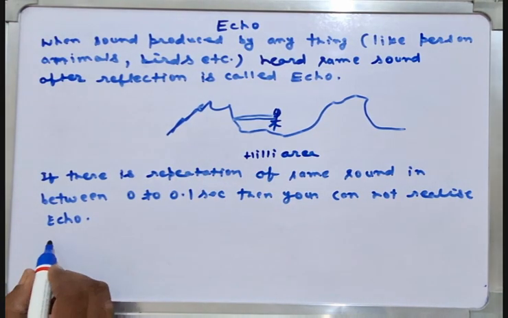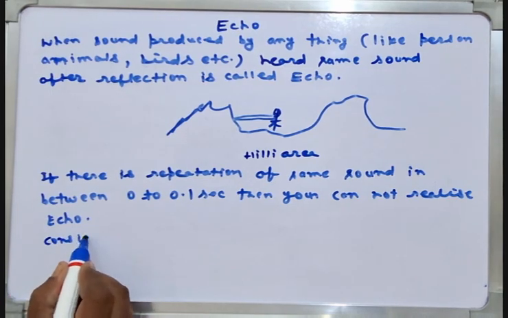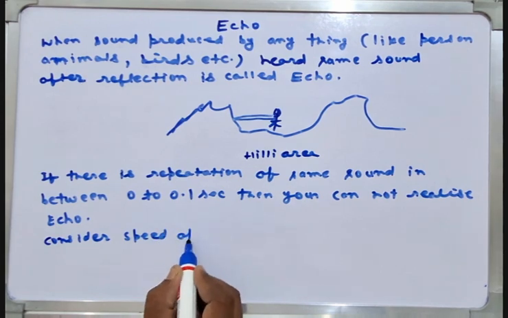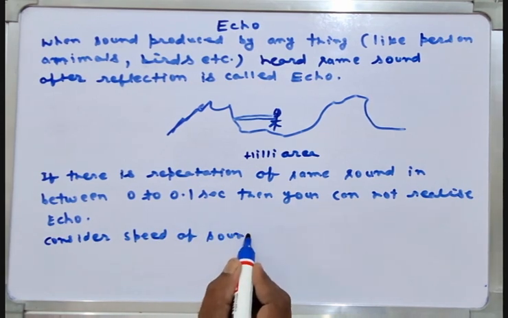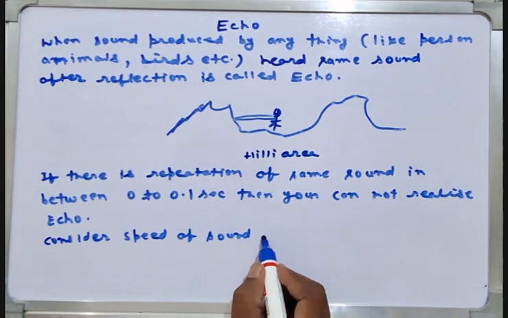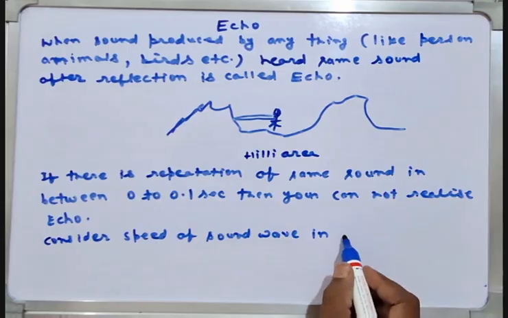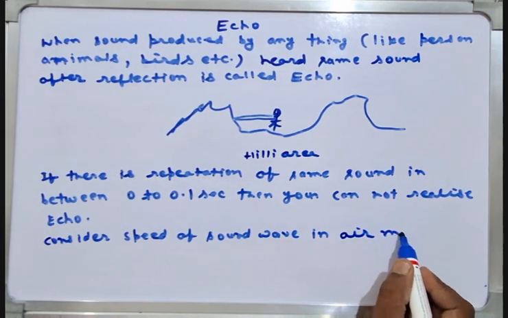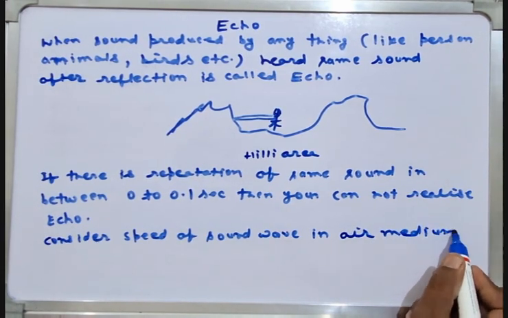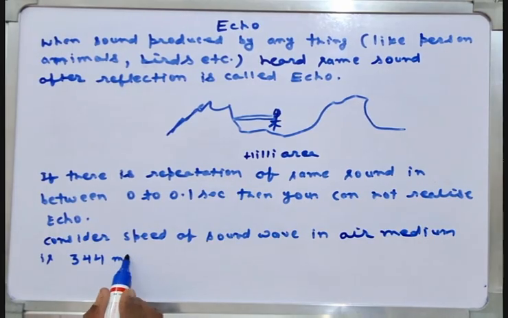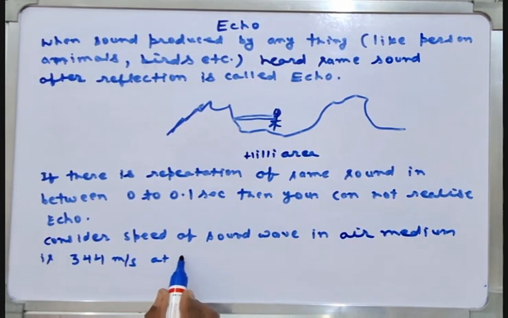So consider the speed of sound wave in air medium is 344 meter per second at 22 degree centigrade.